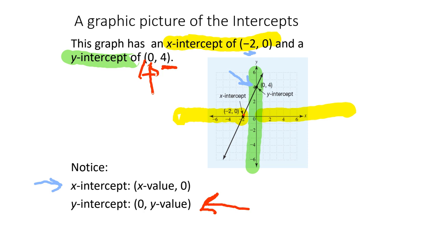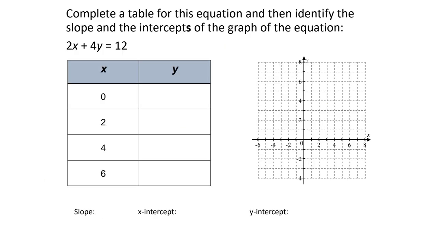Now, with that said, we're going to look at a table. Now, this is where you're going to be asked to complete the table. Okay? Complete the table. Well, notice we have these values.